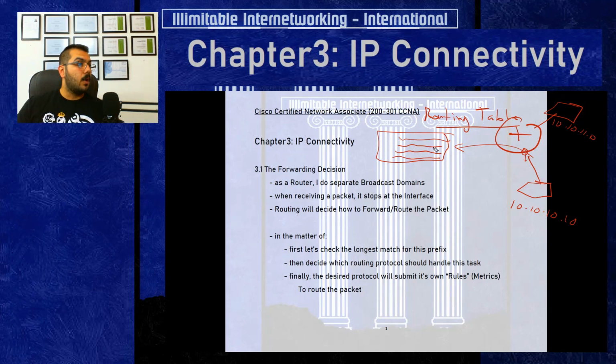So the destination 10.10.11.10 must be at least either this specific destination or the network of this subnet of this host. One of these two must at least be installed in the routing table.